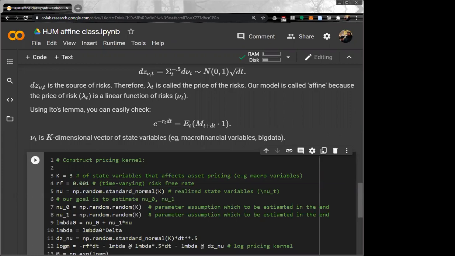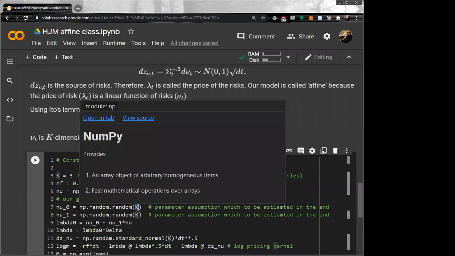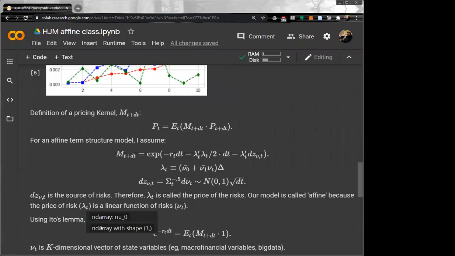And nu_0 is something we have to estimate, and I just simply simulate it. It is something we have to estimate from data eventually. Again, as I told you, the whole purpose of asset pricing is to figure out this one. The risk-free rate we know, and the source of risk, the shock to the economy, we can observe from macroeconomic data.